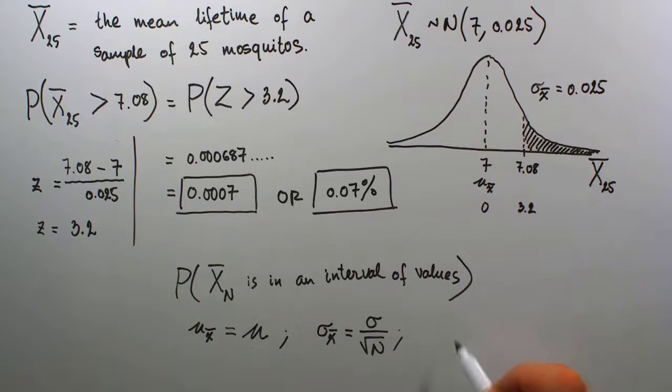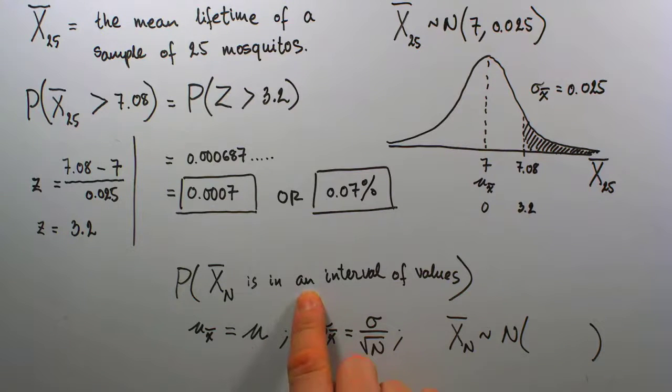And then we generally try to find out if this capital X bar is on a bell curve or not. That's what we want to do, because once we can put our problem on a bell curve, then this problem can be done as an area problem on the bell curve.